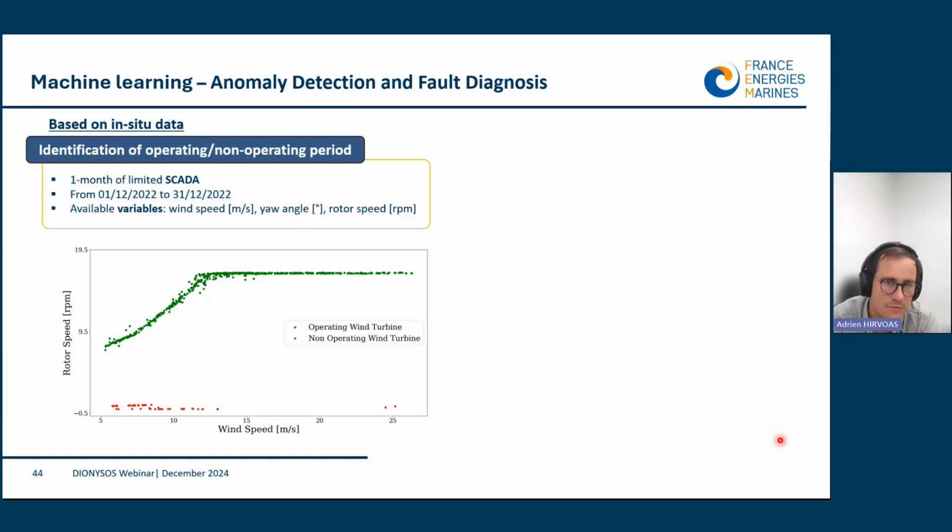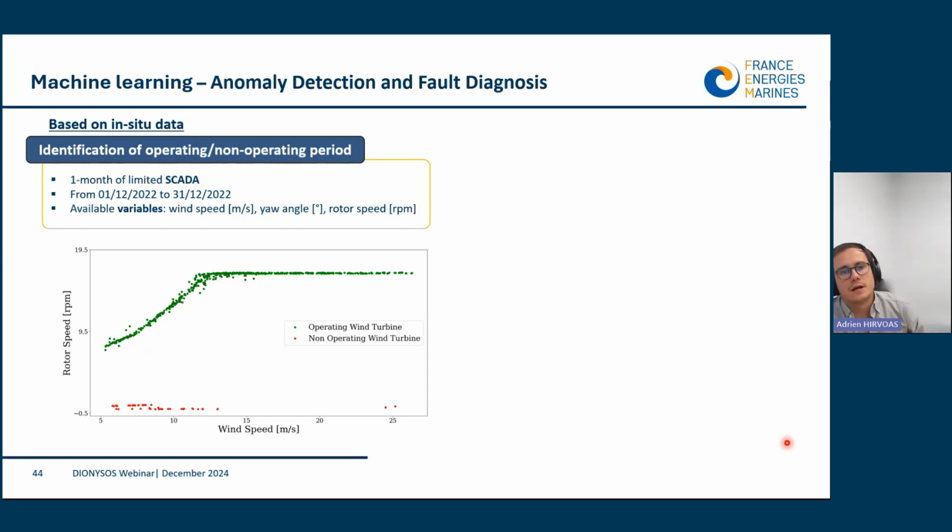So we had to identify the two areas, two regions of operating and non-operating period. So we had access of 1 month of SCADA, and by using this in-situ data of SCADA, we were able to identify these two regimes of the system.